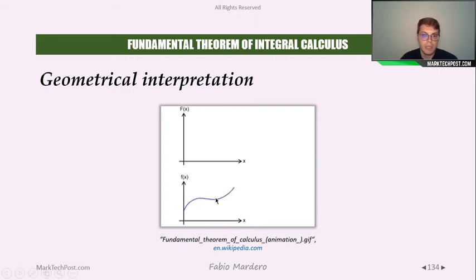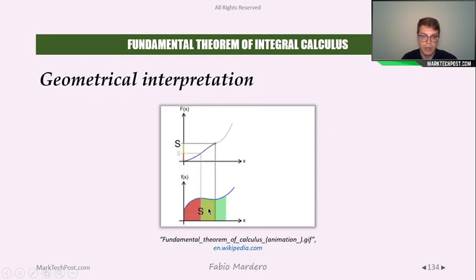And this can be seen in this animation. We have our function that has an area S. And here you can see the antiderivative. We want to compute, for example, this area.